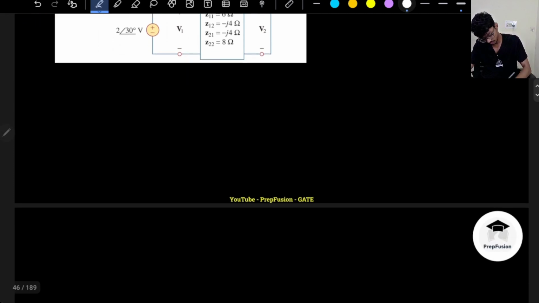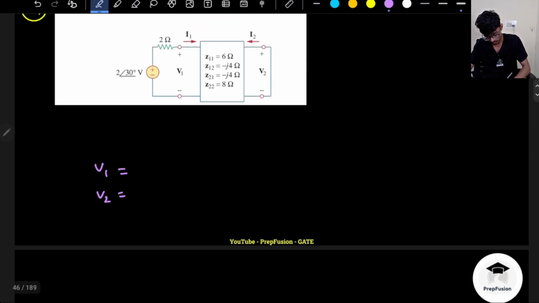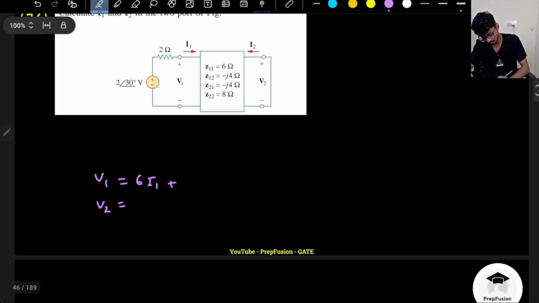So Z parameters are given. So V1 and V2 will be here in terms of I1 and I2. This Z11 will be with the I1, so this will be 6 into I1, plus this Z12 will be with respect to I2, so this will be minus j4 I2.